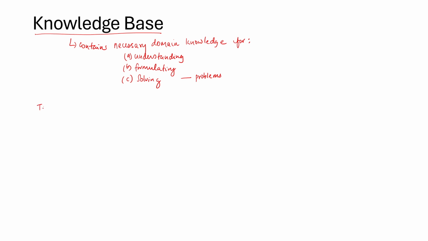There are two basic knowledge base elements. Which are those two? The first one, A, facts. So what are those?